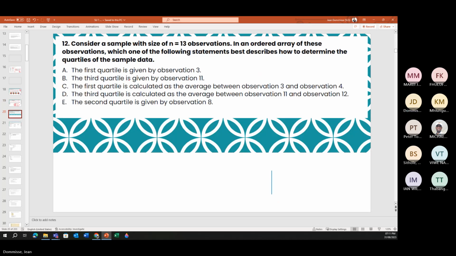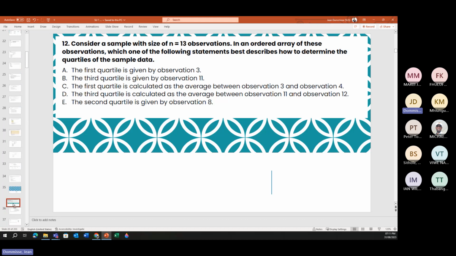Then they also give us an interesting one. Let me move that to the next one, because that has quarter one. So I'll rather do it when we look at the first quartile, third quartile, and those kinds of things.